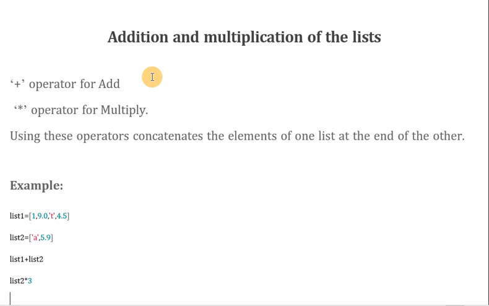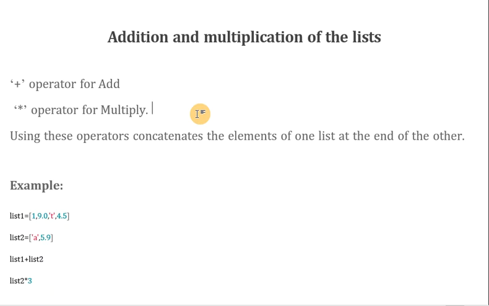We are not going to add values to the list elements. Plus is just going to add two lists and give you a new, larger list. And the asterisk operator we use to multiply, meaning how many times we want to repeat.